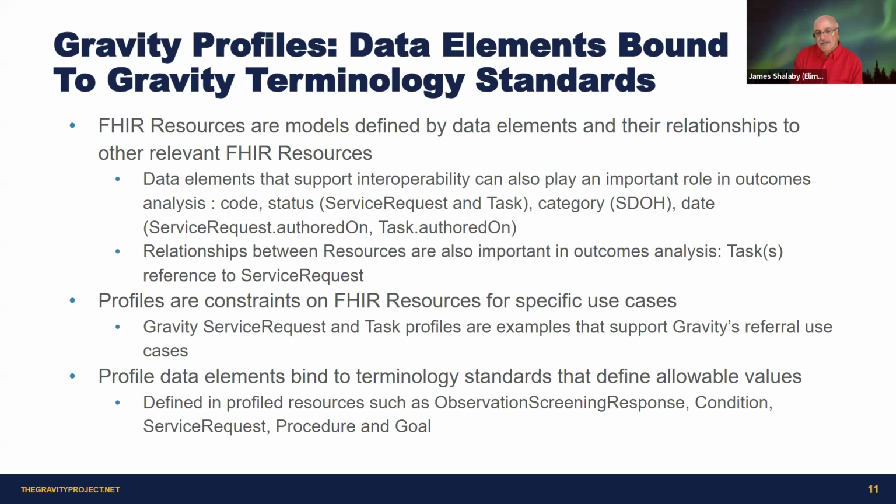When I say resource relationships, an example might be that tasks reference specific service requests. This task, to be able to provide a status update, is on a specific service request around food insecurity that was issued 2 weeks ago. Okay, so the relationships between these resources in FHIR are also very important.